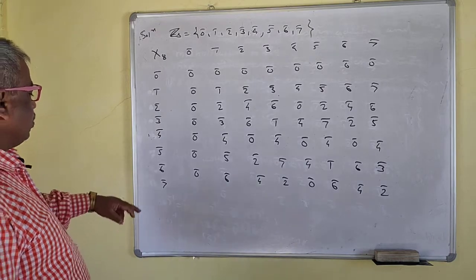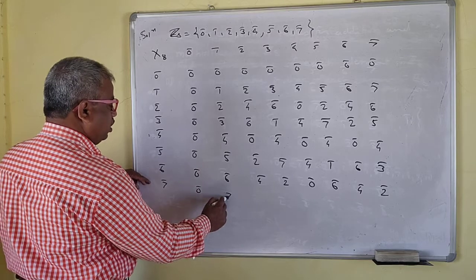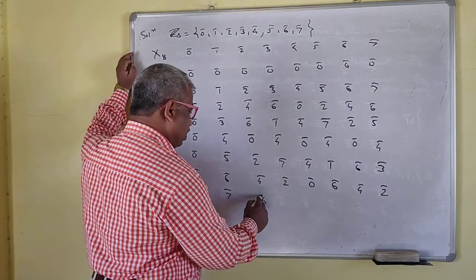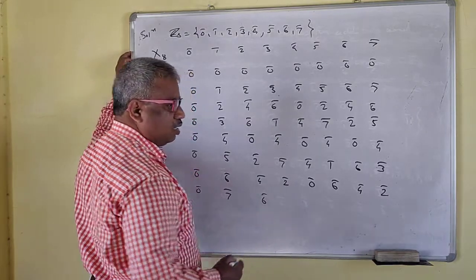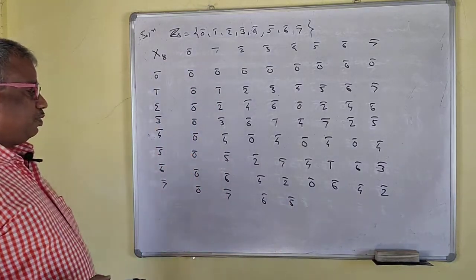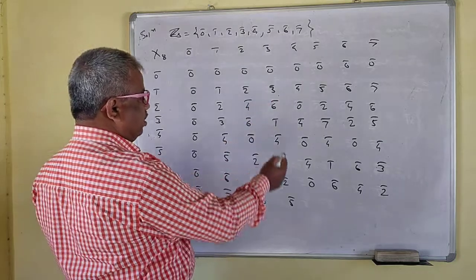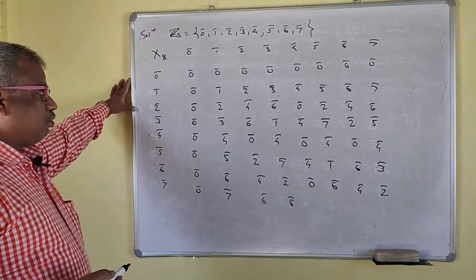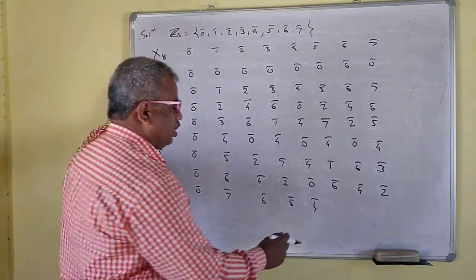Okay. Now for 7 bar. The last one here. So this is 0 bar. 7 bar. 14 bar. 14 bar is same as 6 bar. Then 21 bar is same as 5 bar, 16 plus 5. Okay. Then 28. 28 is 4 bar, 24 plus 4.